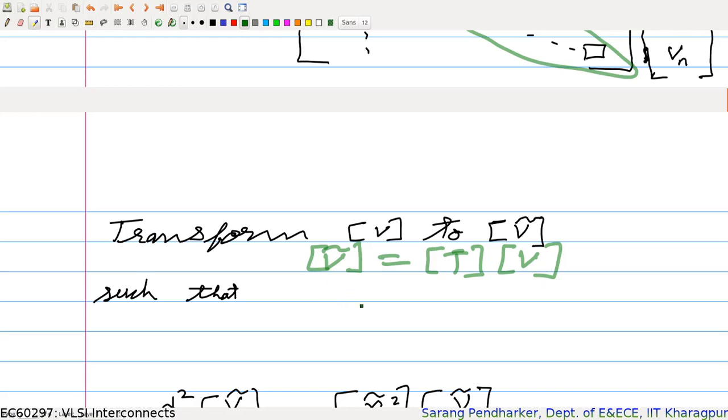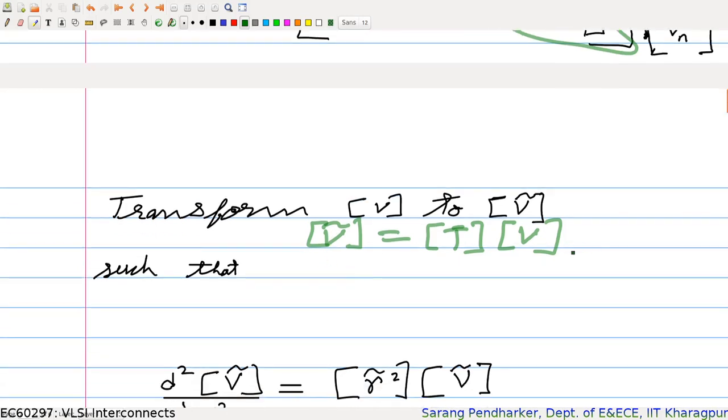Right. So if we have this, I can also write my V as T inverse times V tilde.